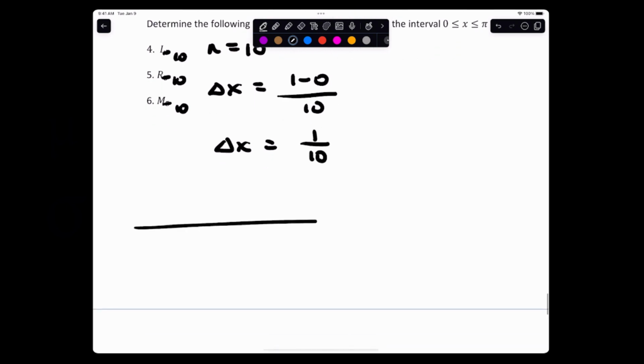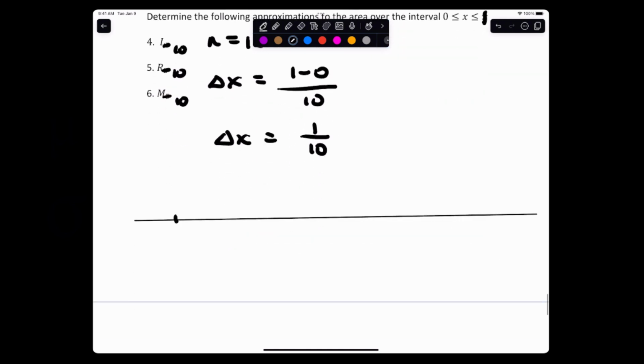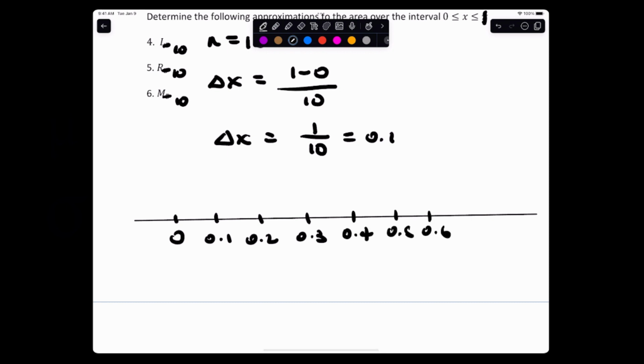So when you do this partition again, you start where? What do you guys start at? We changed this question from 0 to 1 here. You start at 0. And then keep adding what? Isn't that 0.1, 1/10? This is 0.2. And then this is what? 0.3, 0.4, 0.5, 0.6, 0.7.